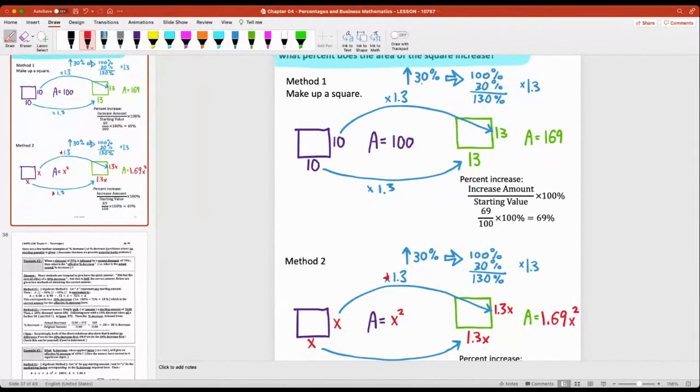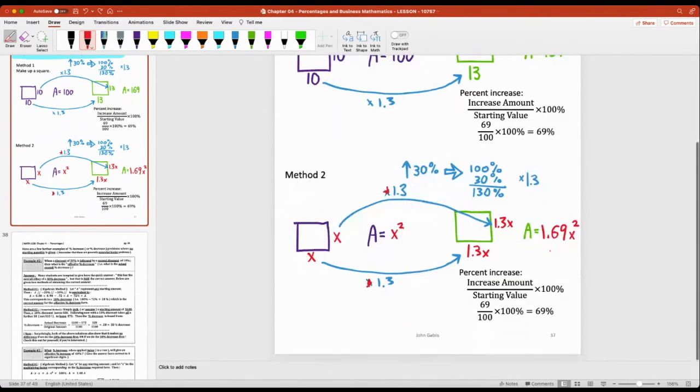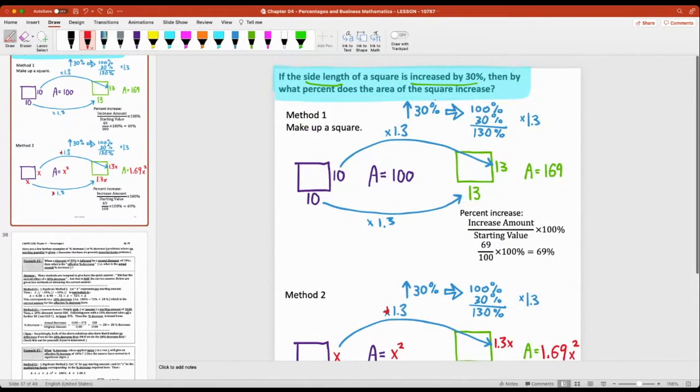I'm going to use x. But everything that we did in the previous method is the same. The 1.3 comes from earlier. I got it earlier right here. If you go up by 30%, it's equivalent to multiplying by 1.3.